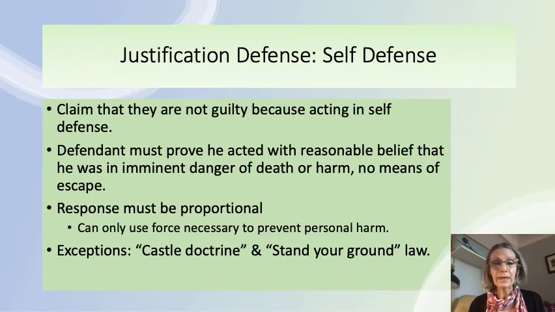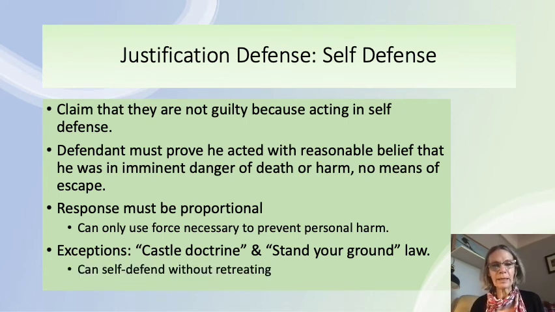Now, you read in your textbook that there are exceptions when it comes to self-defense, and they mostly revolve around the castle doctrine, and then there's also the stand your ground law. I'll encourage you to read about those in the chapter. In the castle doctrine, it's basically that you can self-defend without retreating.